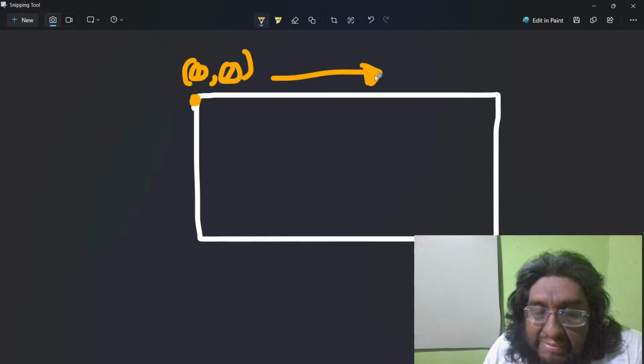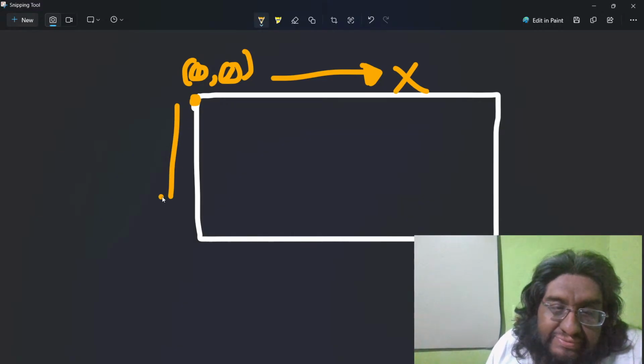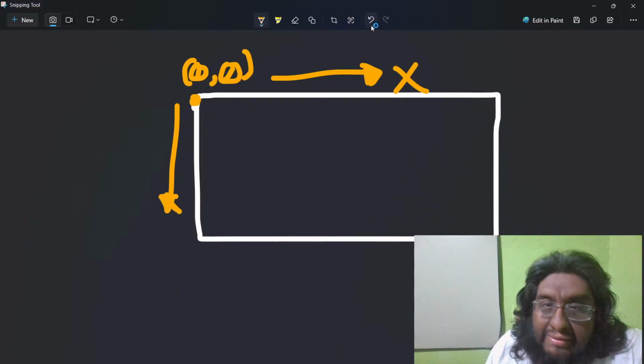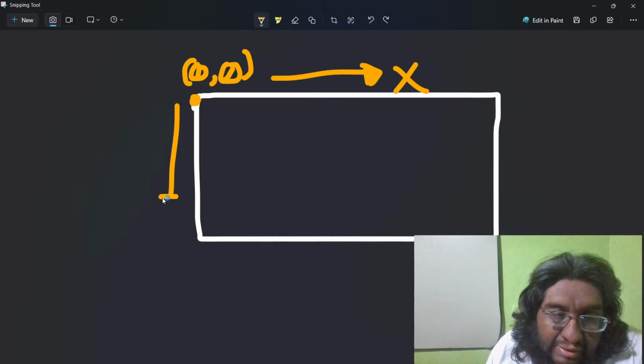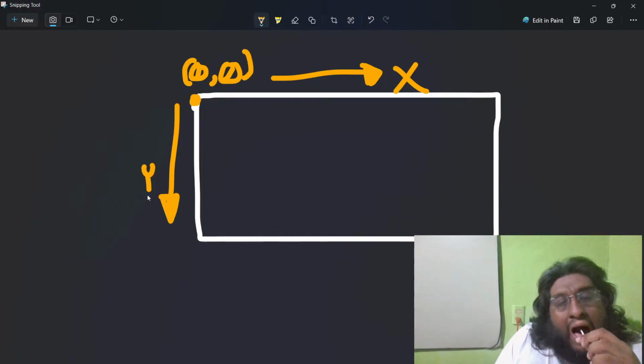This is the positive x. And they say also that this is positive y.